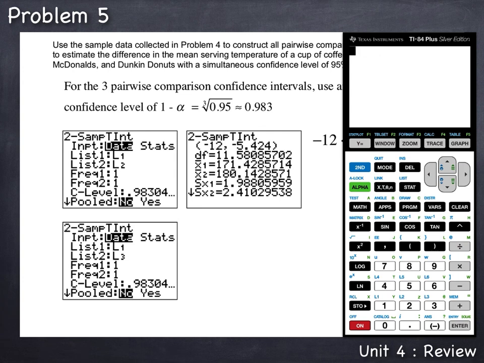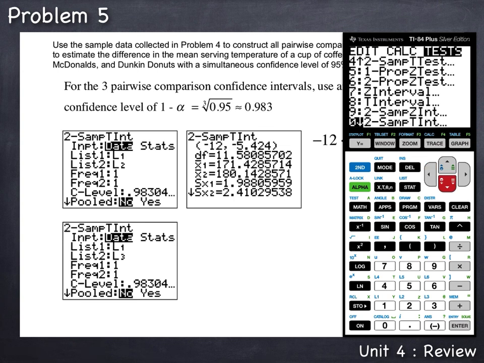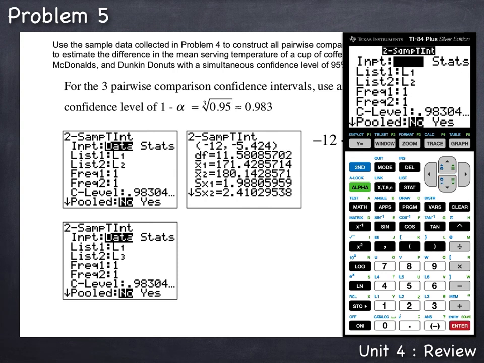arrow over to Tests, arrow down to select the 2-SampTInt command, press Enter. We have Data selected, and we're comparing the first population mean, where the sample's in L1, to the third population mean, where the sample is in list 3.